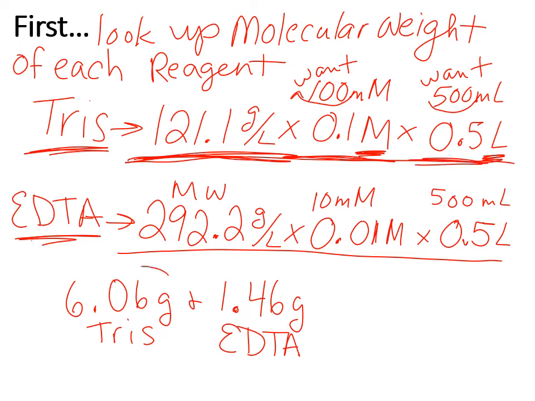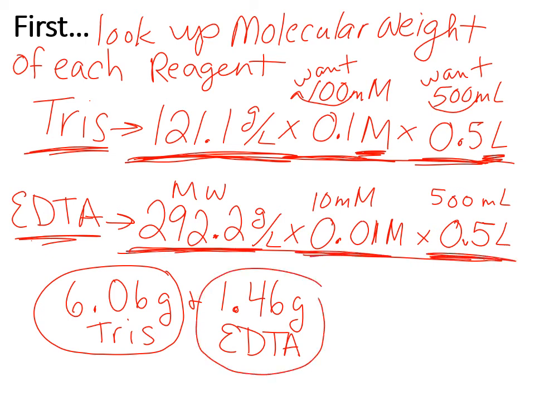That gives 6.06 grams of tris. For EDTA, you do 292.2 times 0.01 times 0.5 to get 1.46. And what's the final step? Volume up to 500 ml total. Okay, that gives you the 10x stock, but we're not finished yet.